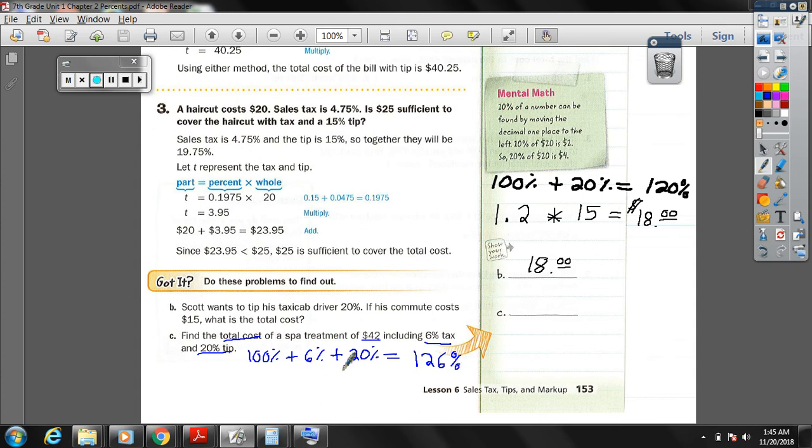So 126%, that is this value, 1.26. We're going to multiply that by $42.